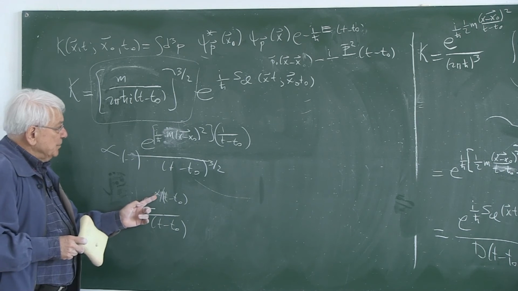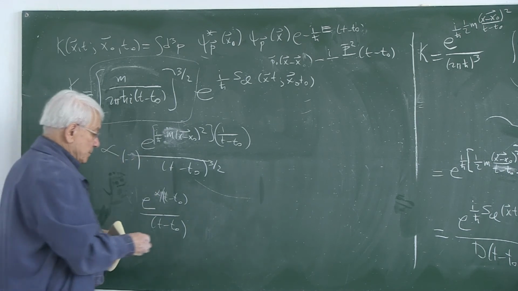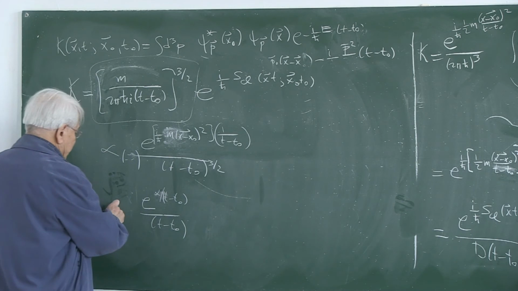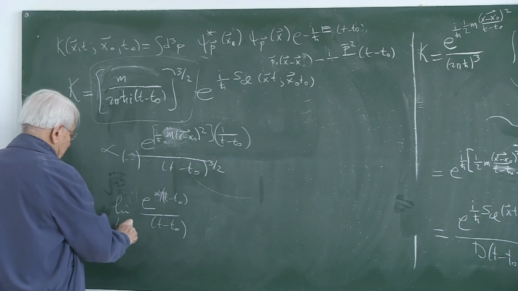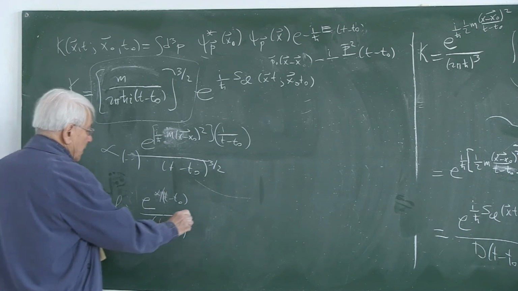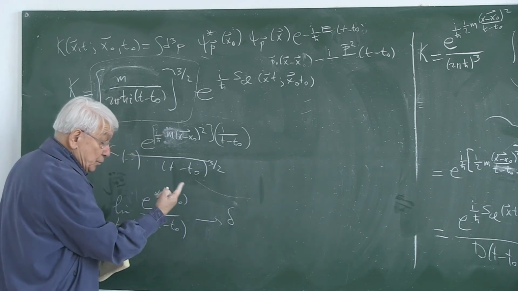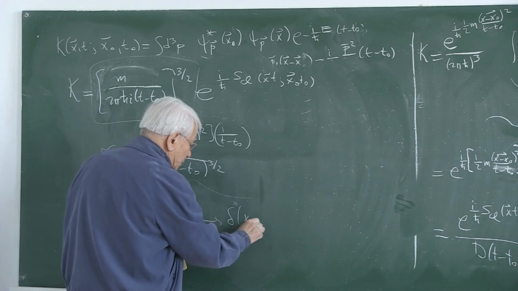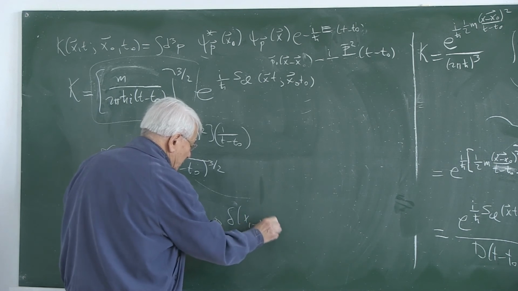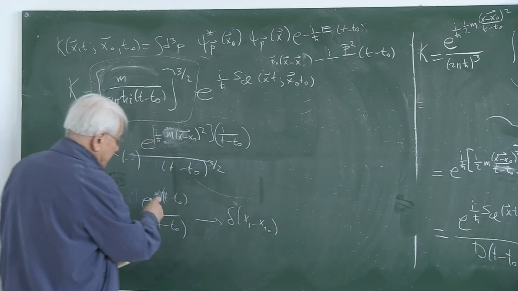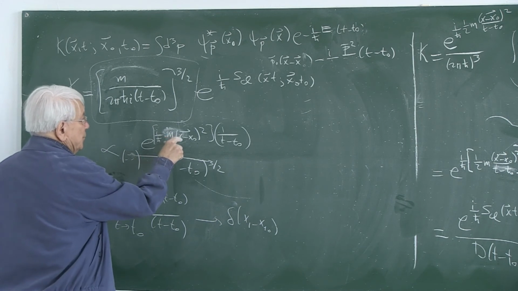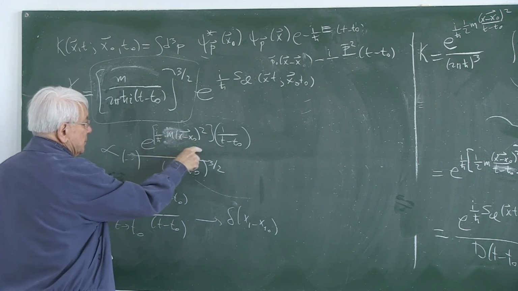This is (x1 minus x0_1) squared, for instance. Then the limit t goes to t0. First of all, this first factor goes to the delta function of x1 minus x0_1. And there are factors of that for y minus y0 and z minus z0.